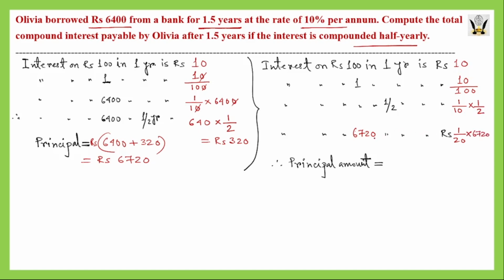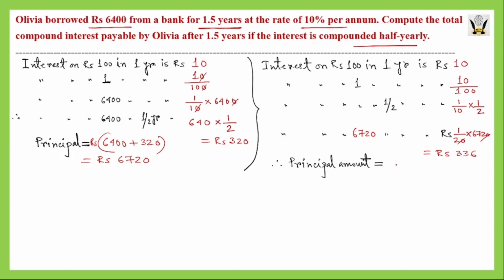So either we can proceed for the principal amount first and then the time period later, or we can proceed for the time period first, as we have done for the second case, and then we can proceed for the actual principal amount. Now if we simplify this, then it will be rupees 336. So this is the interest that Olivia needs to pay for the next 6 months, and for that the principal amount was 6720.